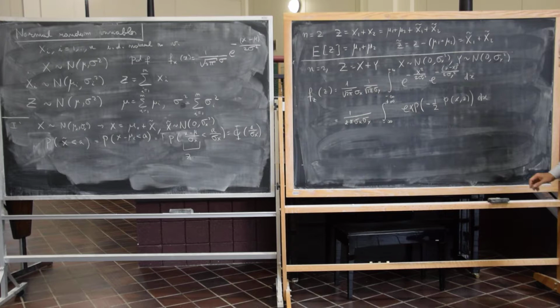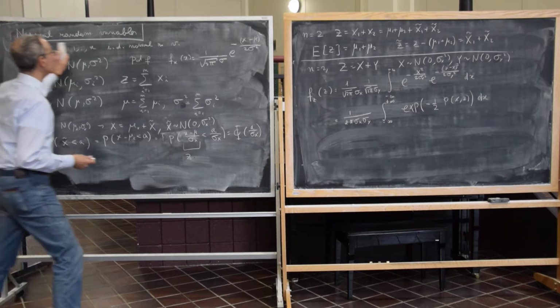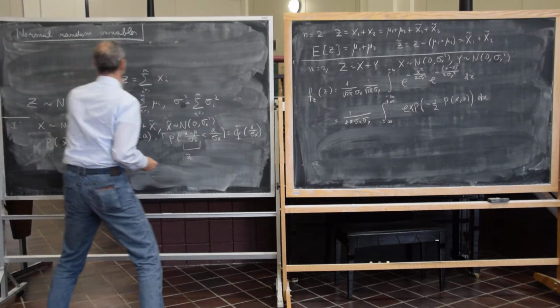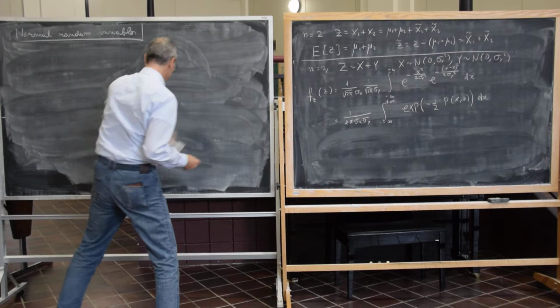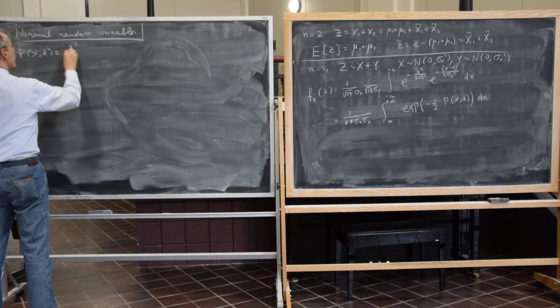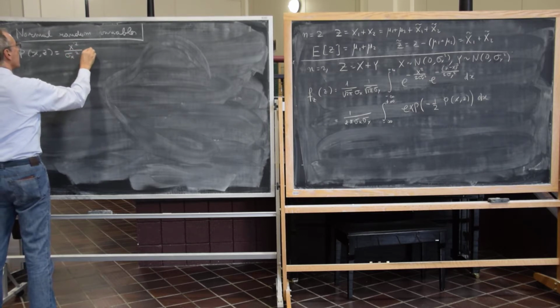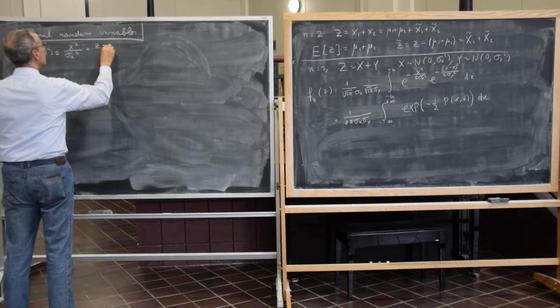I think we can use the other blackboard to see what this polynomial is. This polynomial p of x and z is equal to x squared divided by sigma x squared plus z minus x squared divided by sigma y squared.